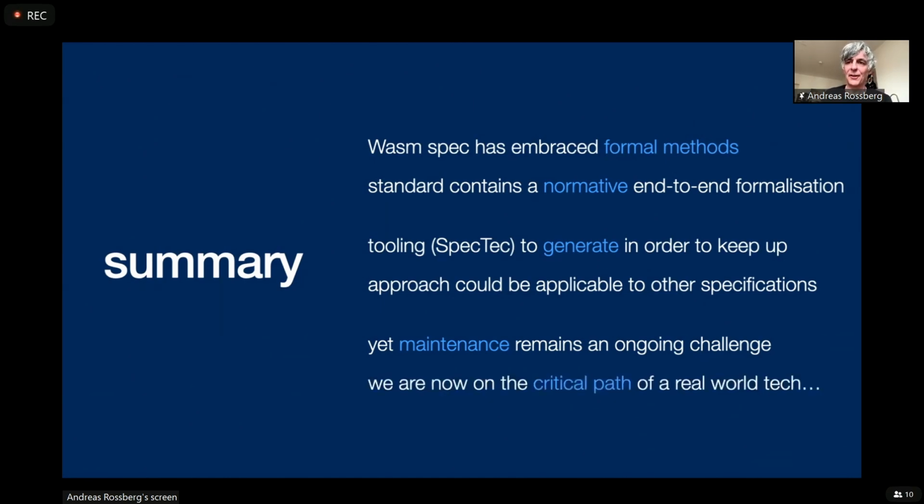And one of the things is that with this tool we're building, we have now put ourselves on the critical path of a real world project, right? Because in the future, new features for WebAssembly will depend on our tool to be standardized. So this puts extra pressure on this project that may not exist in other similar situations.